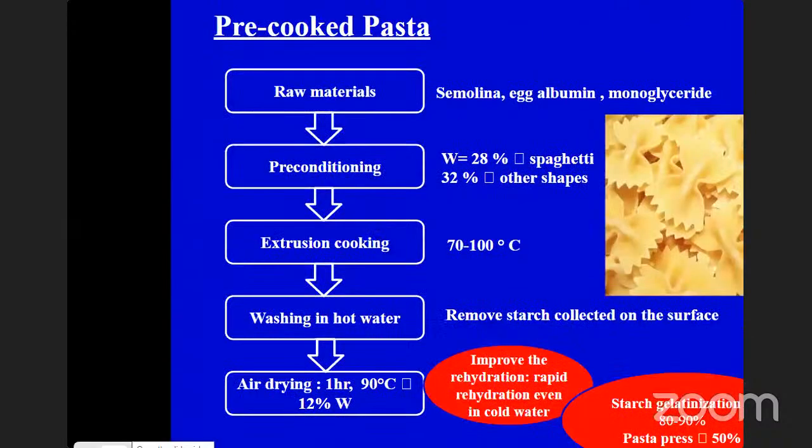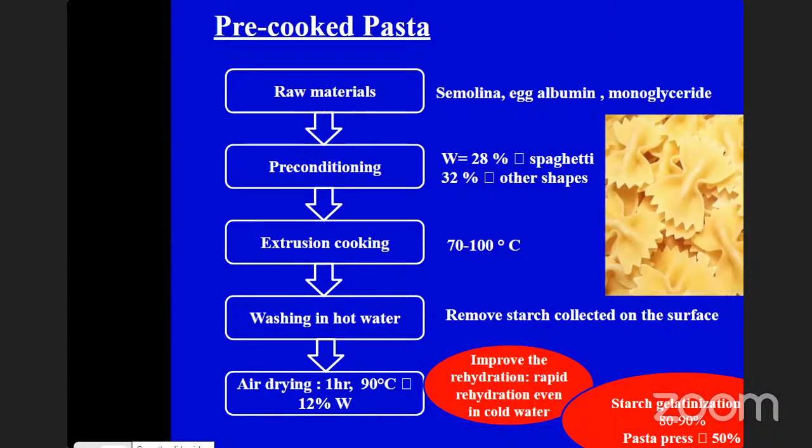Pre-cooked pasta is produced by similar operating steps, but cold extrusion is replaced by extrusion cooking or hot extrusion. A washing step in hot water is carried out before drying, just to remove starch collected on the surface. The pre-cooked pasta is rapidly rehydrated even in cold water, as compared to pasta made by cold extrusion.